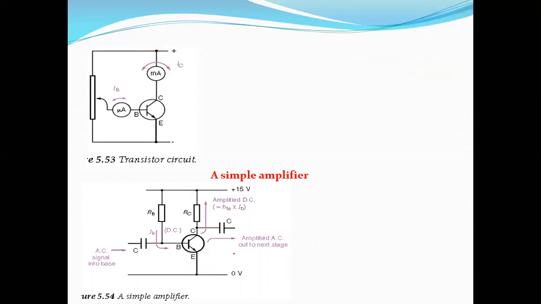Okay. So here you can see a transistor circuit. Here there is base, emitter, and collector. This is an NPN type transistor, as you see. So here there is going to be current from the collector. There is going to be current from the base, and this is the resistor over here, as you see.